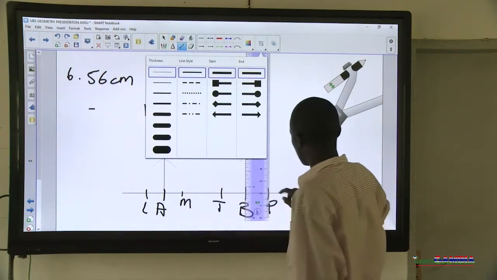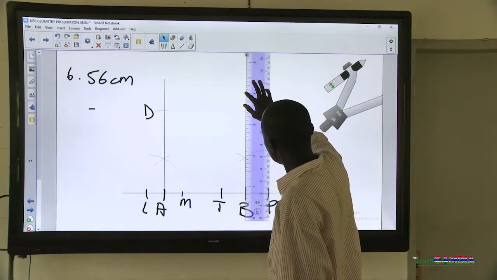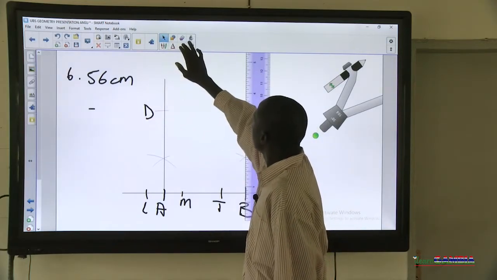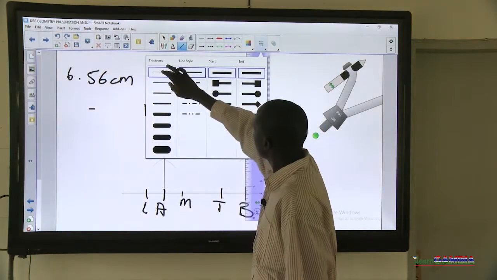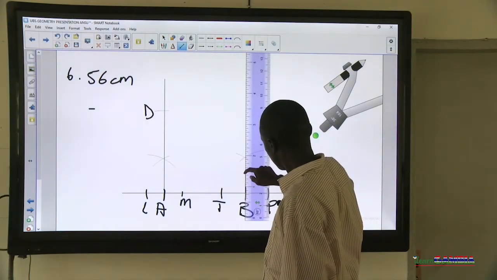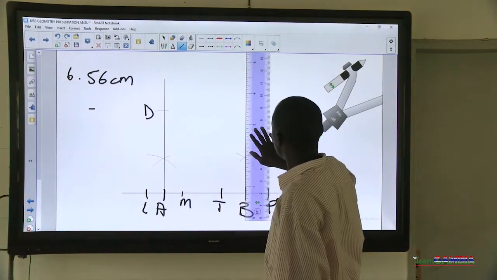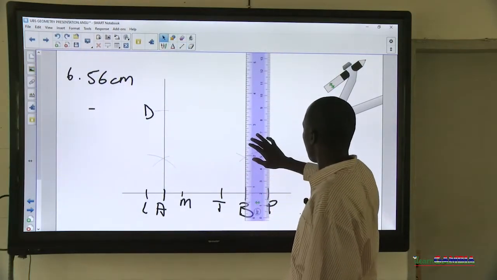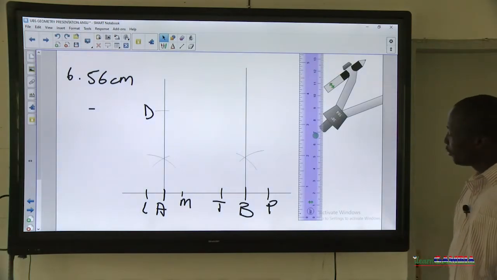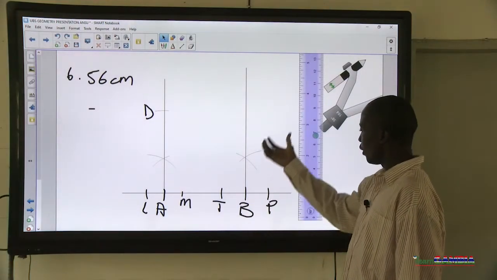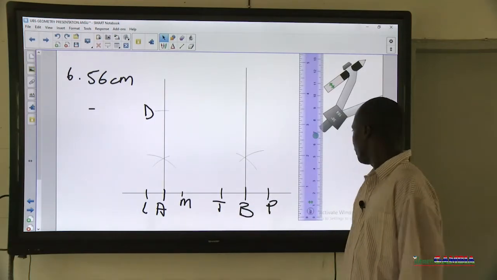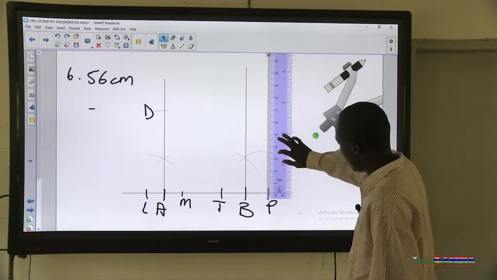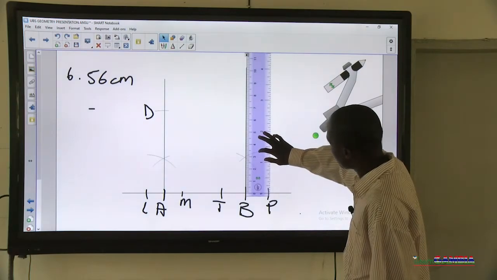I'm still going to use my construction lines. Okay, we have just constructed an angle of 90 degrees at point B. Then we can take our ruler from here and measure 6.56 centimeters.